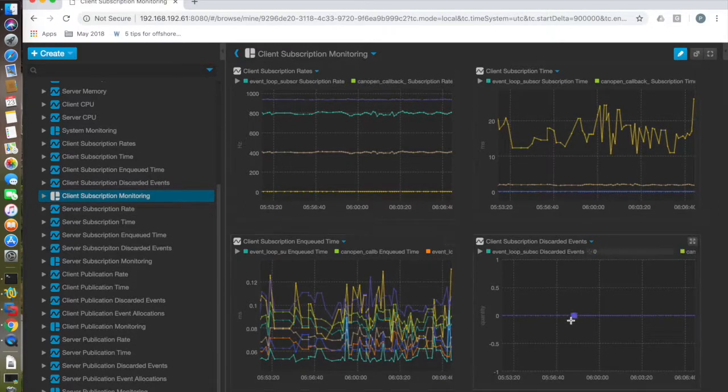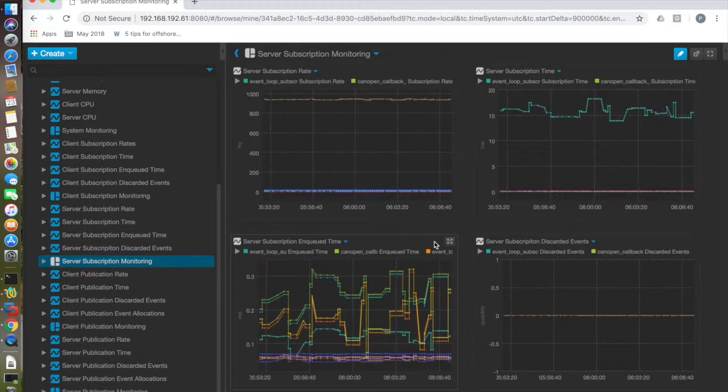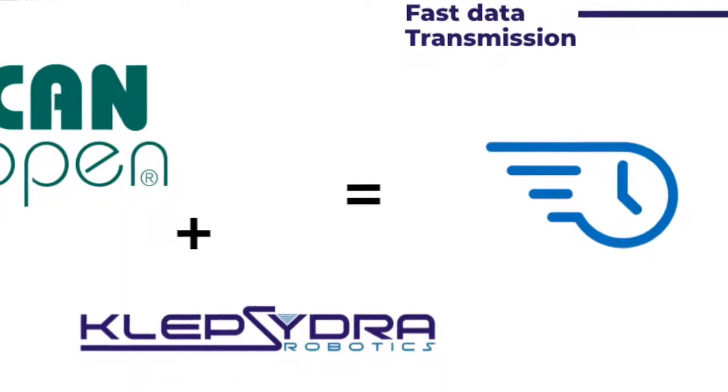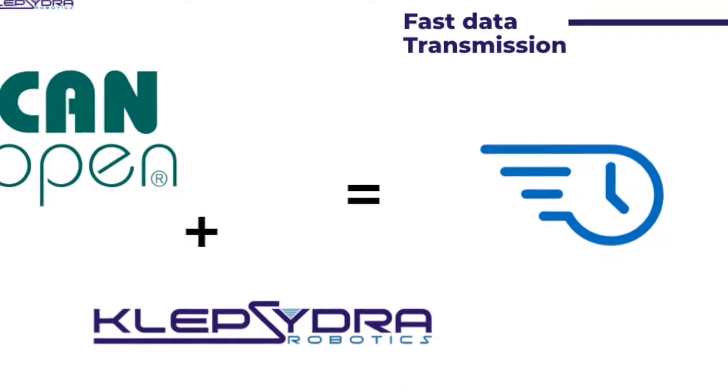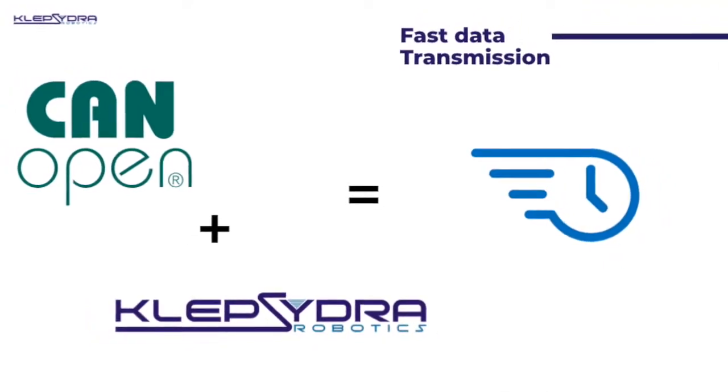In this case, not one event was discarded. The server subscription statistics are quite similar to the client ones. With this setup, we reached a throughput of 150 to 200 kilobytes per second.